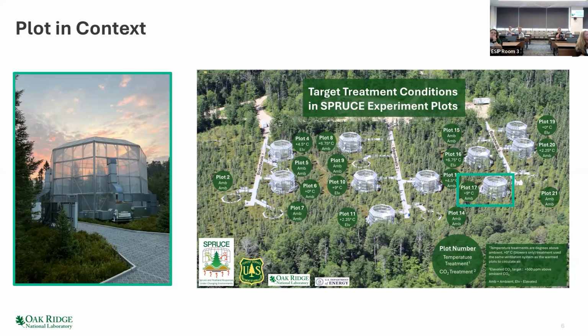It is set up in a regression design where we have our unenclosed controls, we have our enclosed controls that have zero energy added, so zero heat energy, and then a series of plots at different temperatures above whatever the ambient temperature is. So the +9 is whatever the temperature, whether it's -40°C or 40°C.